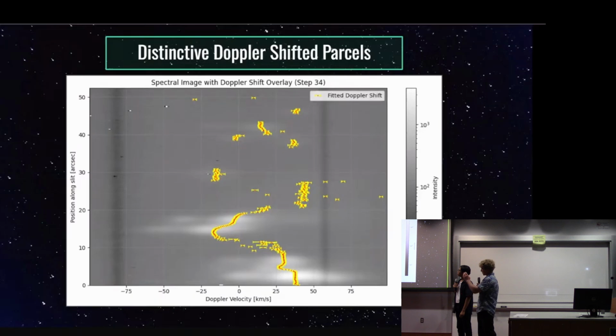So most of the parcel is moving towards Earth at about 5 kilometers a second, as we said earlier. And there's a smaller part, but there is still some that is moving away from Earth at roughly 26 kilometers a second. So you can see that it's moving in 2 directions, and that it will have a sort of loop shape to it.